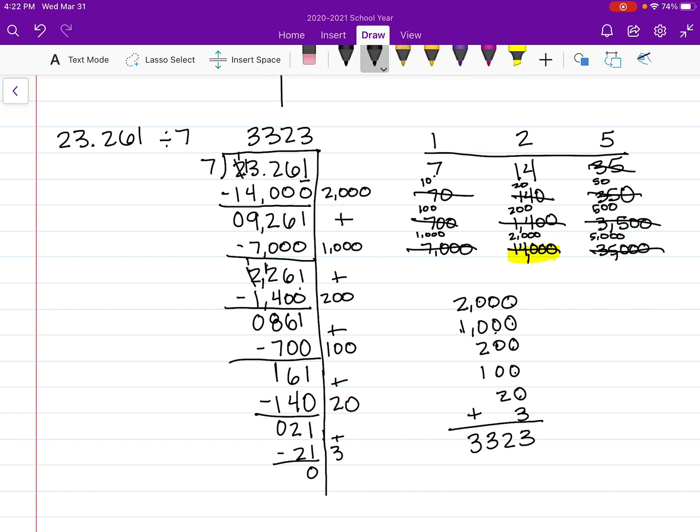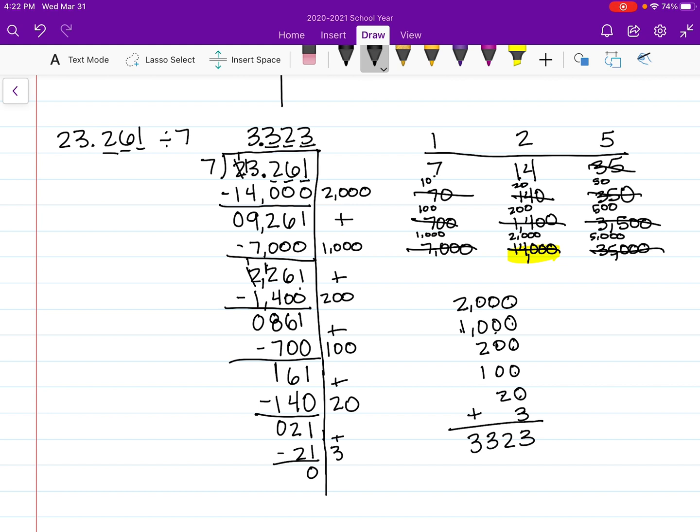So I have 1, 2, 3 numbers after my decimal. You could even go back to your original and say 1, 2, 3. You have 3 numbers after your decimal. So I need 1, 2, 3 numbers after my decimal. So I'm going to place the decimal right before those 3 numbers. So my answer is 3 and 323 thousandths.